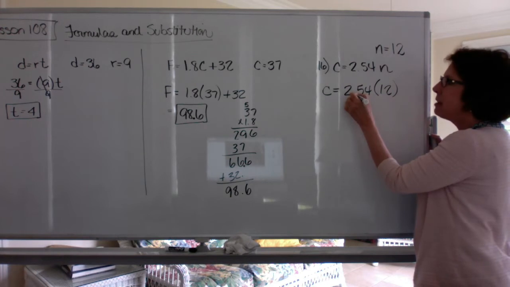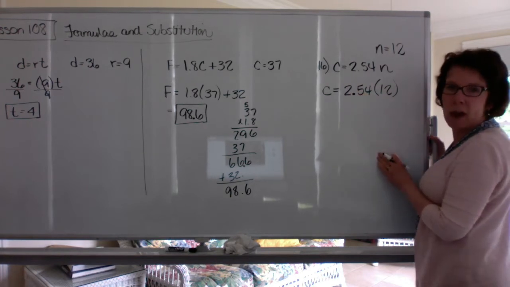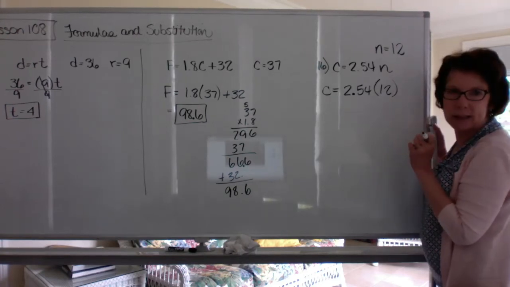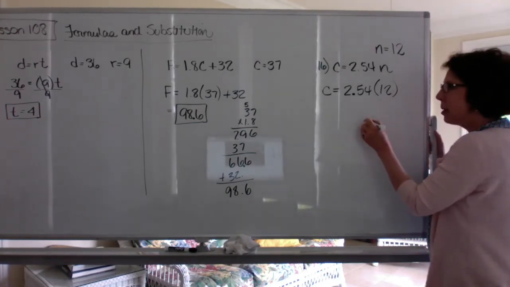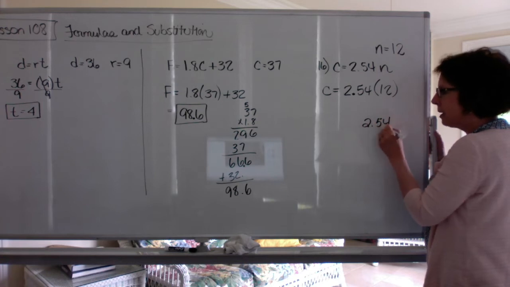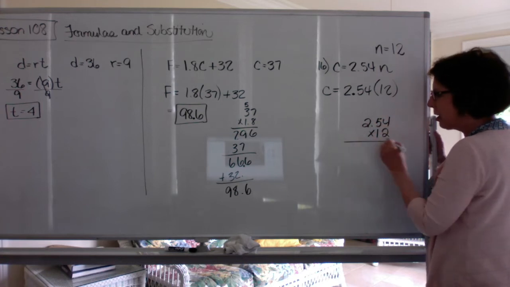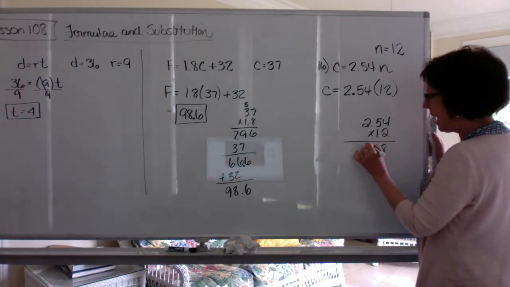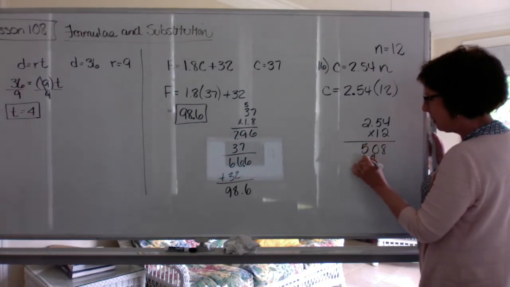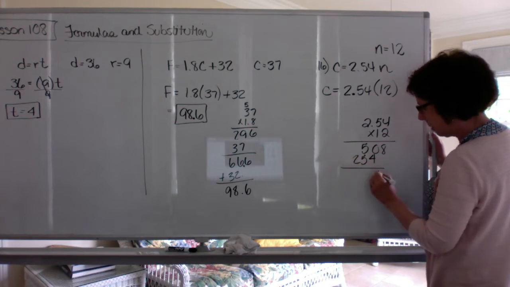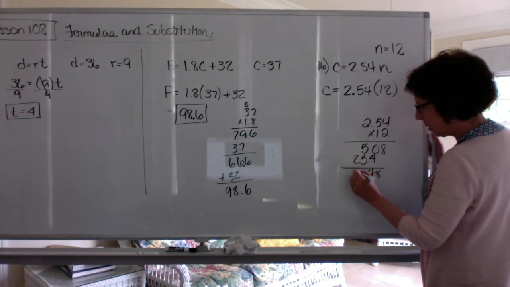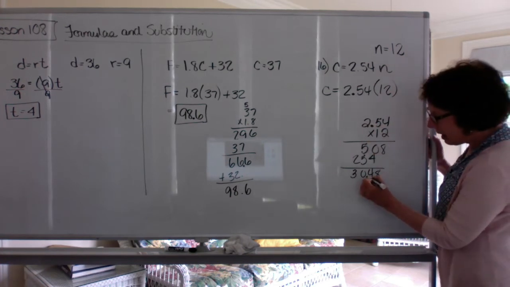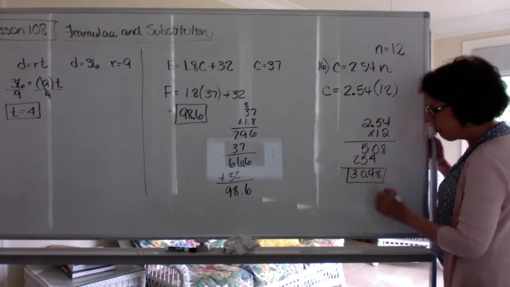Now we're going to multiply 2.54 times 12. They have told us we're in centimeters here, so we're going to go ahead and write centimeters for our tag word. So I'm going to do 2.54 times 12. You go ahead and do the calculation. I'll do it separately, and we see what we get. Don't forget your 2 decimal places here, and I'm getting 30.48.